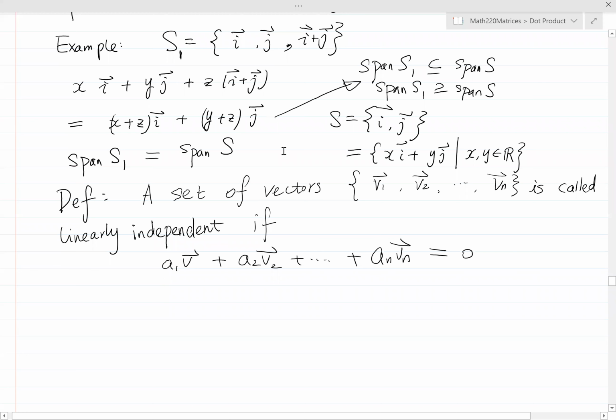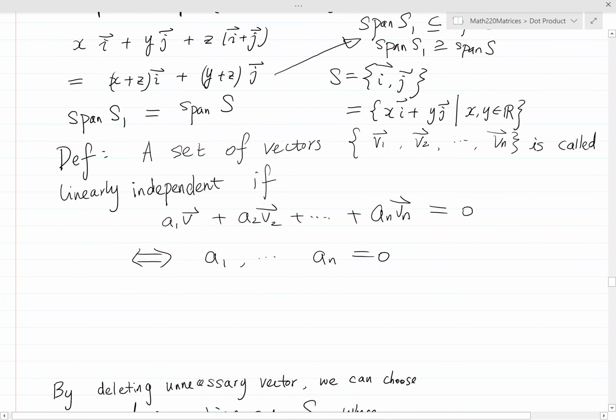Then if this is zero, this is equivalent to all the coefficients vanishing.